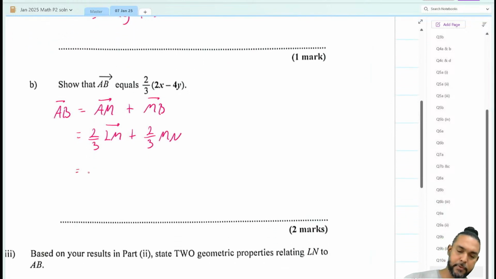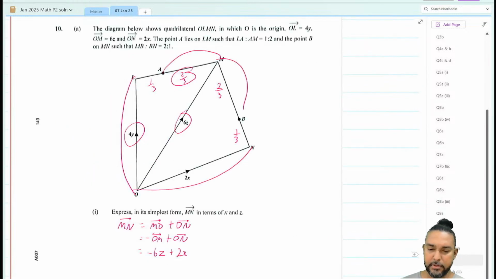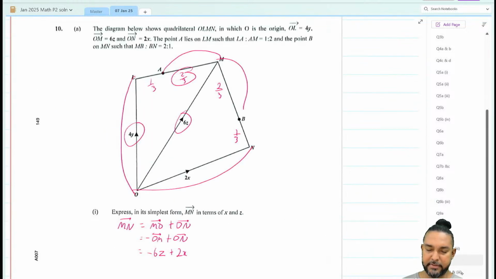So 2/3 of minus 4y plus 6z. And then 2/3 of MN, that's minus 6z plus 2x.